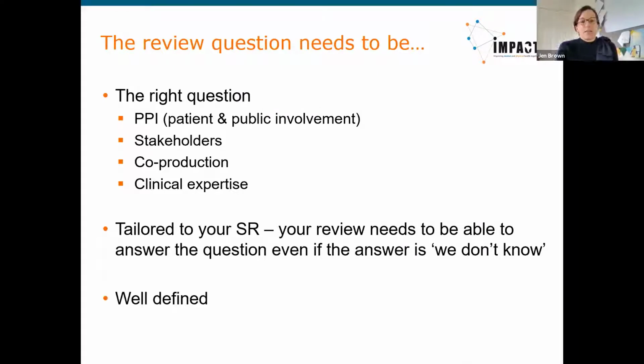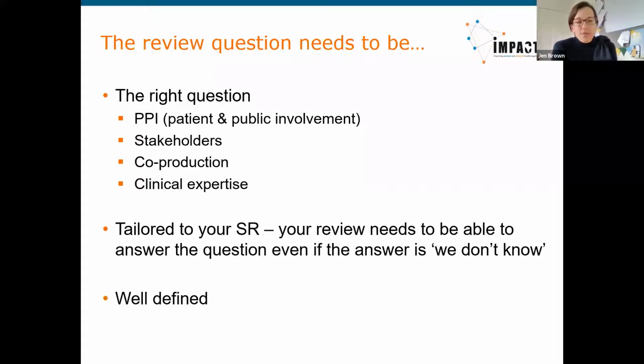And the other thing that your research question needs to be above everything else is that it needs to be tailored to your methods. So you can't ask a review question, for example, about cancer screening accuracy if you haven't got the means or the expertise on your team to conduct a prognostic or diagnostic test accuracy review.